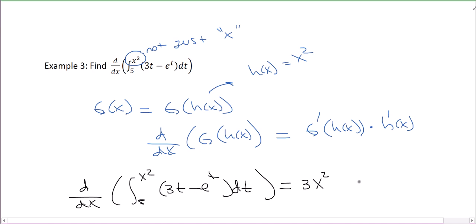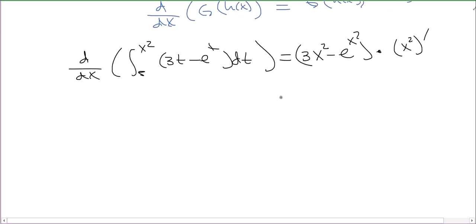So instead of t, it will be 3x squared minus e to the x squared, but then by chain rule times the derivative of x squared. So I get 3x squared minus e to the x squared, times 2x.